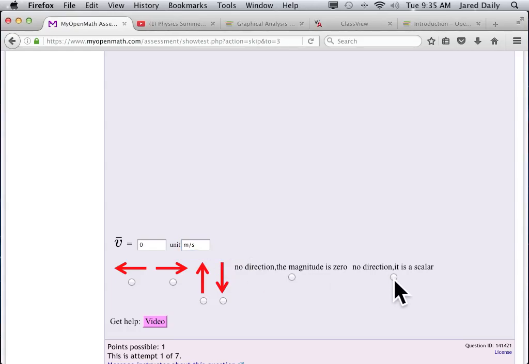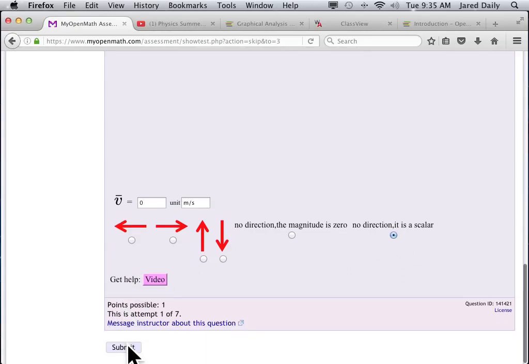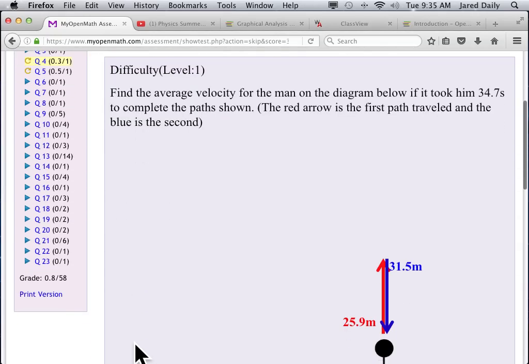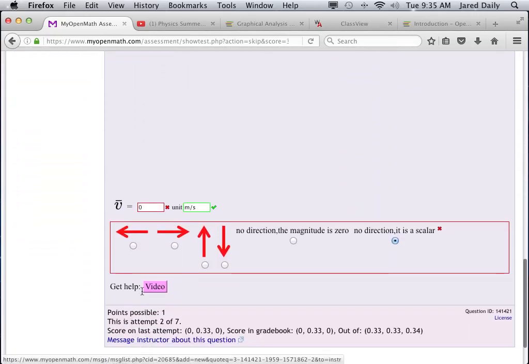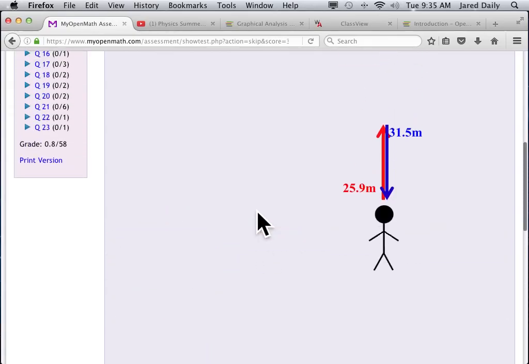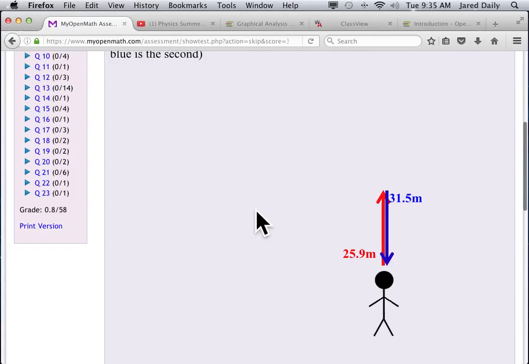The average velocity is a scalar, turns out. See if I got it right. Nope, I didn't get that right. Let's see here. Did I have the same as you did? Oh, I didn't have the same as you did.